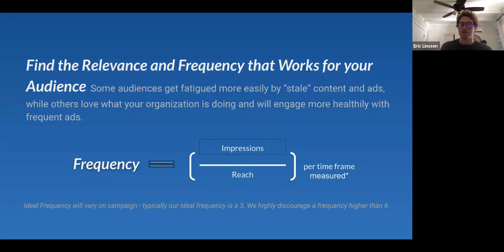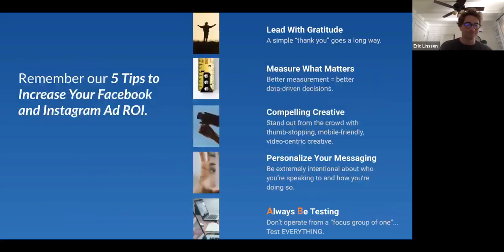We still recommend that for most of our clients, but for certain ones we have seen when we bring the frequency higher, we can actually see better results, which is just because the platform's super crowded and people can see your ad over and over and then basically not really notice it until you hit them the 6th or 7th time, and then it kind of clicks and they click through to learn more about your cause and your nonprofit.